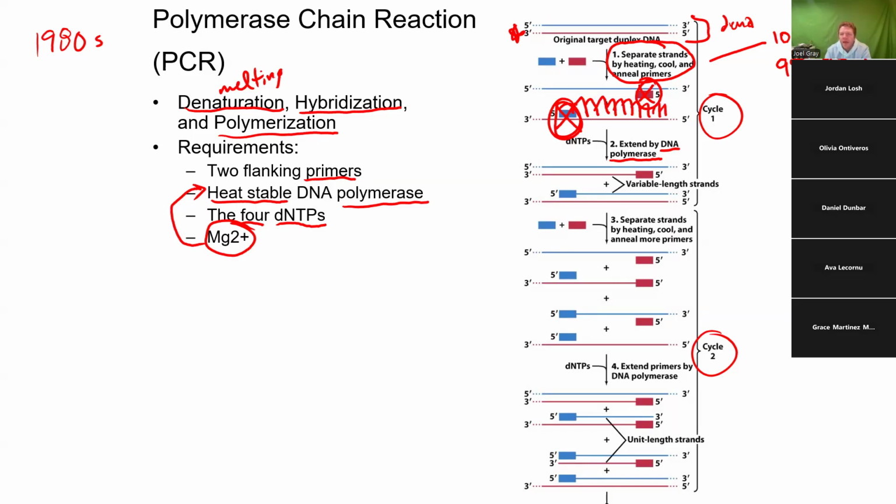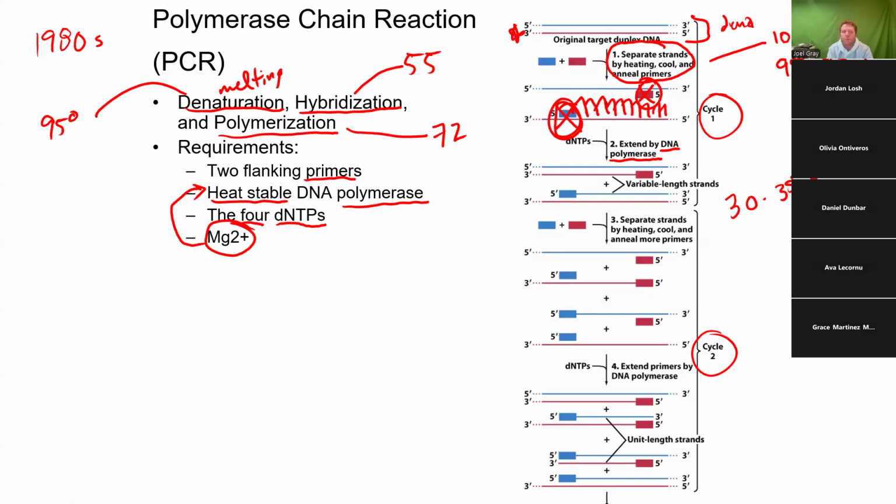So that is going to be repeated over and over and over again. Usually it's about 30 to 35 times. Our temperatures are 95 to 98 for that initial denaturation. I'm just going to give you a simple 95 degrees. The hybridization is taking place at about 55 degrees, and the polymerization is happening at 72 degrees.